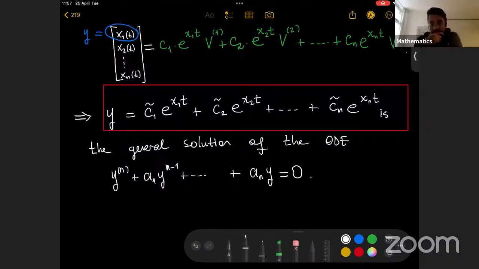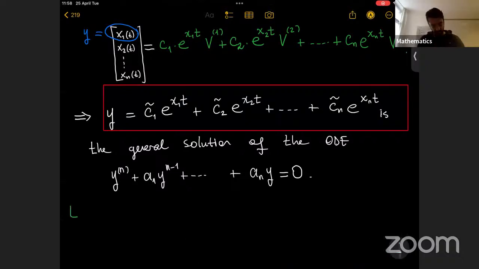Because we only need one function, the first entry of the solution, and you can obtain it by finding these eigenvalues. The eigenvalues will be enough, and you can get them using the characteristic equation. You don't even need to find the determinant. Let me do an example and we will understand this better.